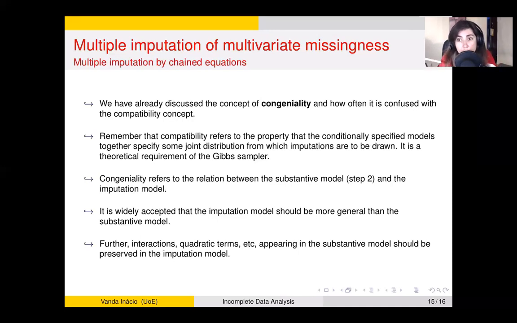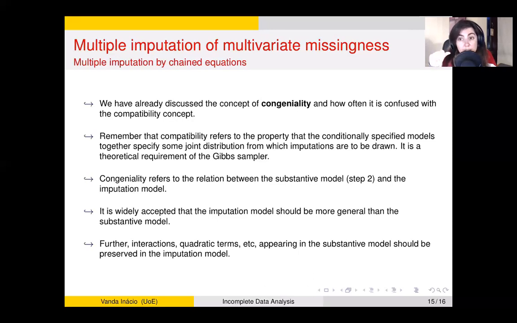And then we have the concept of compatibility: mice is based on the idea of Gibbs sampling, but not in the usual way. We don't start with the multivariate distribution and go to the full conditionals. We start the other way around. We start with the full conditionals and go to the multivariate, and there is no guarantee that it will always work.